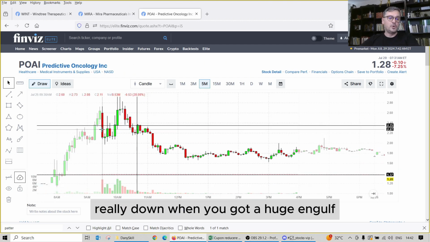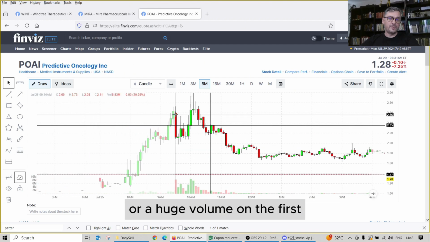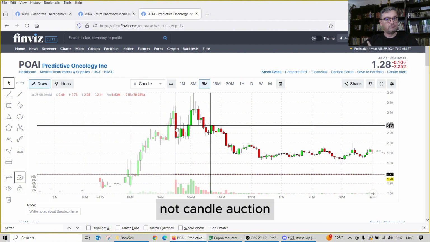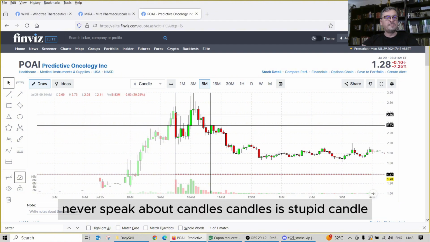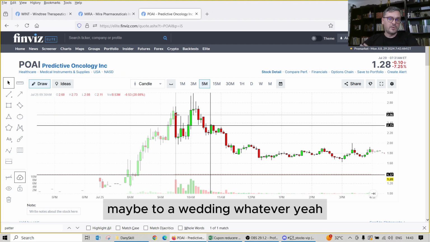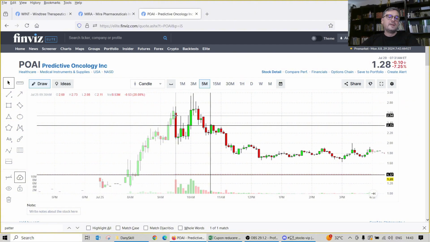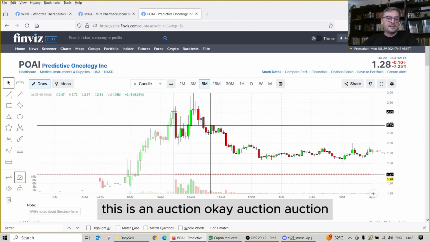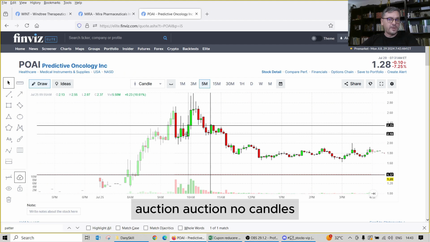When you have a huge engulf or a huge volume on the first, not candle, auction, never speak about candles. Candle is stupid. Candle, you can use it only in churches or when you go to a funeral, maybe to a wedding, whatever. This is an auction. Auction, auction, auction, auction. No candles.